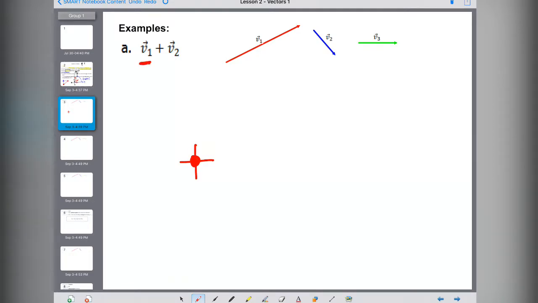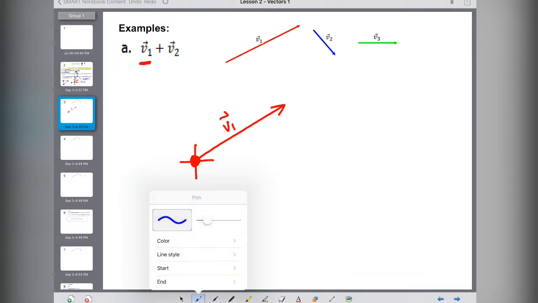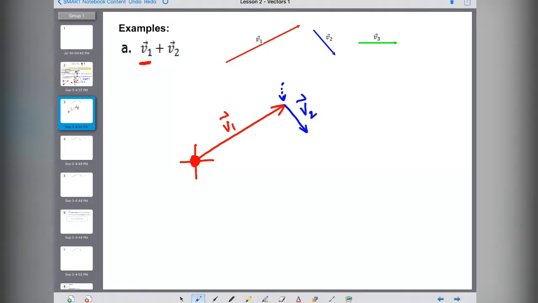Okay, so v1 plus v2, meaning I draw v1 first. This is just an approximation. I label my side. Okay, and then if I do v2, I would now start right here where I ended, and then I draw my v2, whatever the second vector is.